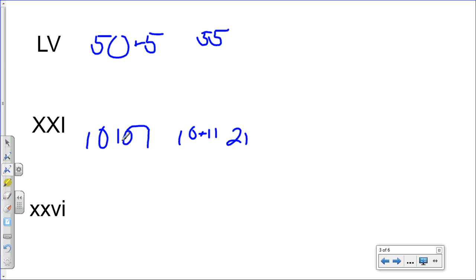Then we've got XXVI, so we've got 10, 10, 5, and 1. Smaller number to the right, we've got 6, then we've got 16, then 26. So that is Roman numeral 26. We had 20 here, we had 6 there. That gives us 26.